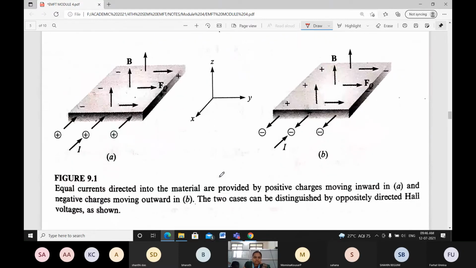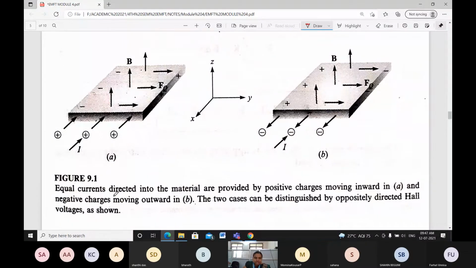A small construction is given here. This is the flux density or force, how it is going to be exhibited. Observe here, this is for positive; here the number of holes, and here the number of electrons. This is the opposite. Observe how the current is moving towards and coming back, moving away.